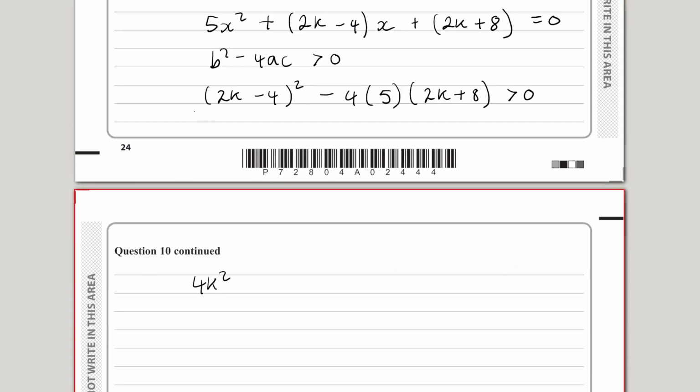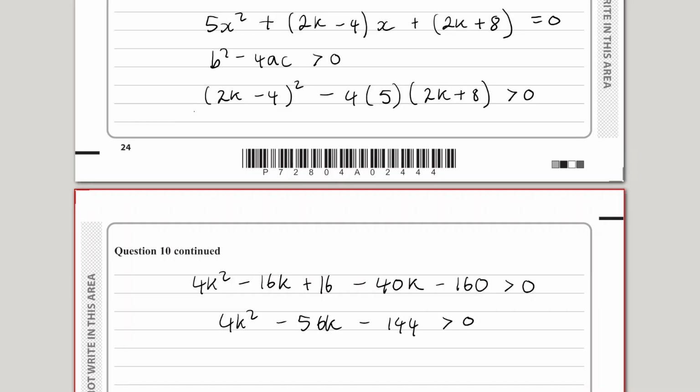So 4k squared minus 16k plus 16 minus 20 times 2k, so minus 40k, minus 20 times 8, minus 160, is bigger than 0. So 4k squared minus 56k minus 144 is bigger than 0. So we've got a quadratic.